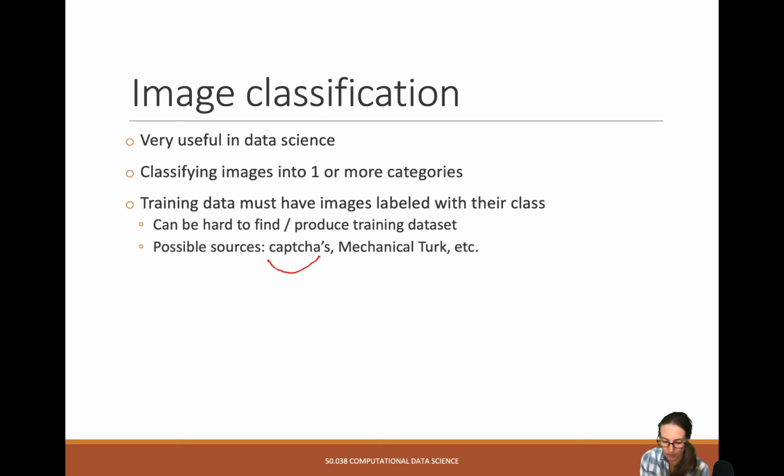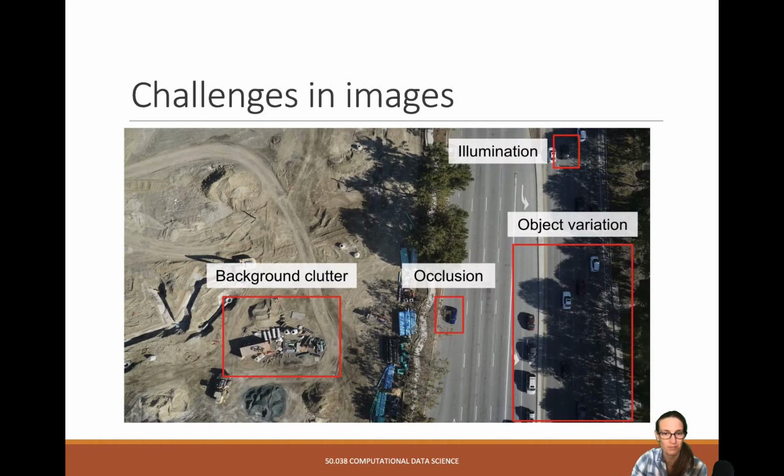CAPTCHAs, you may not know this, but companies are actually using CAPTCHAs, the numbers that you have to type in from the image before you can log on to some site. They actually only evaluated half of the numbers you give in and used the other half to populate a data set. Okay. So that's due to your help now that we have big data sets.